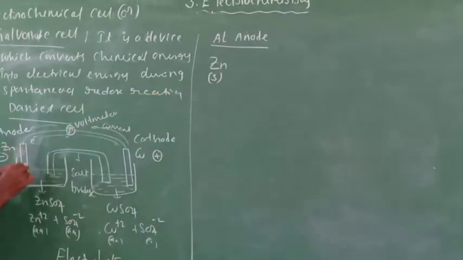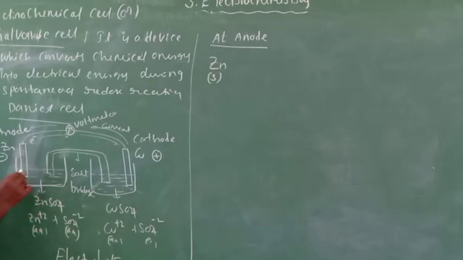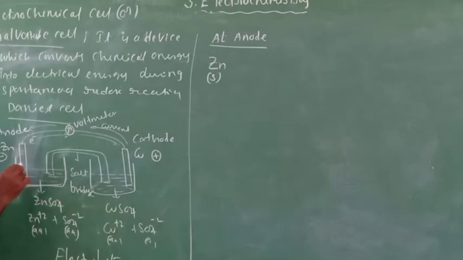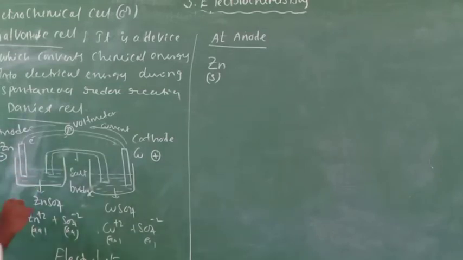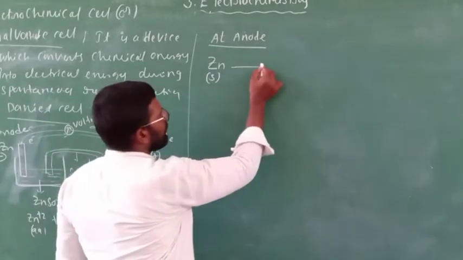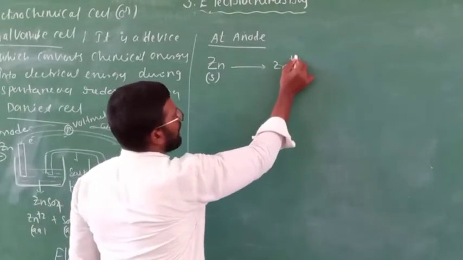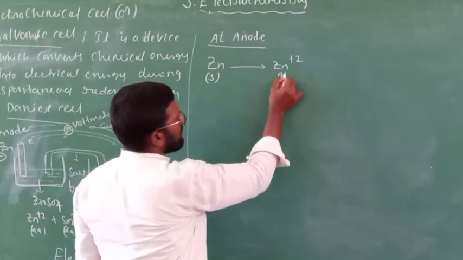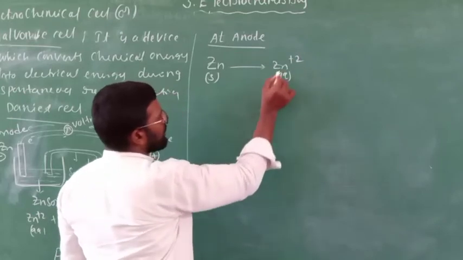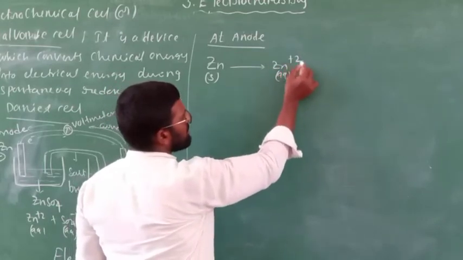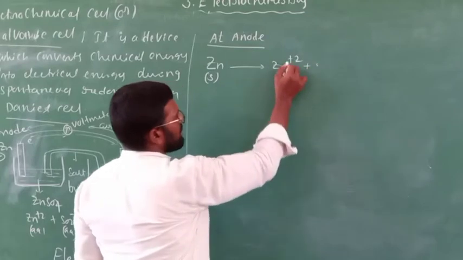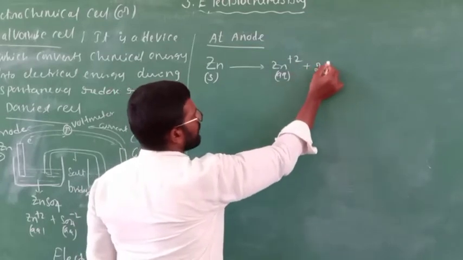When the zinc rod is dipped in zinc sulfate solution, some of the zinc metal atoms from the rod lose electrons and dissolve into the solution. That means some zinc metal atoms lose electrons and are converted to Zn2+ ions, which dissolve into the solution as aqueous Zn2+ ions, along with 2 electrons.